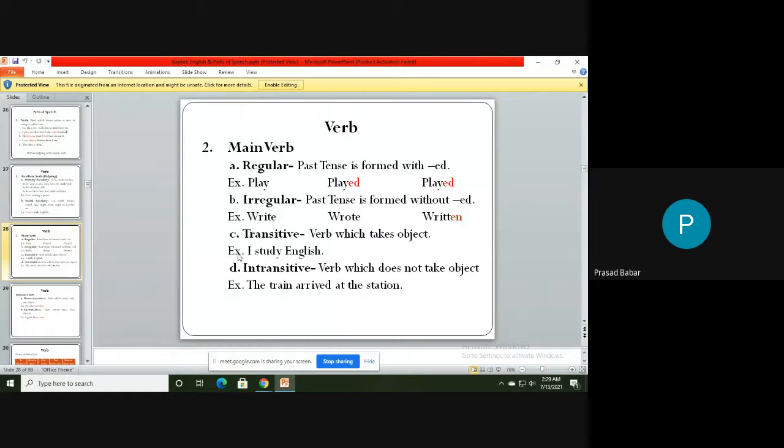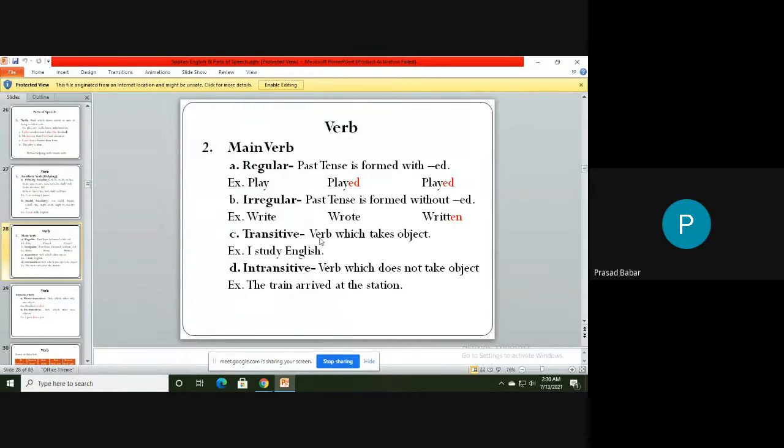If we ask a question to the verb, what study, then the answer which comes, we may call that answer an object. So English is object in this example.